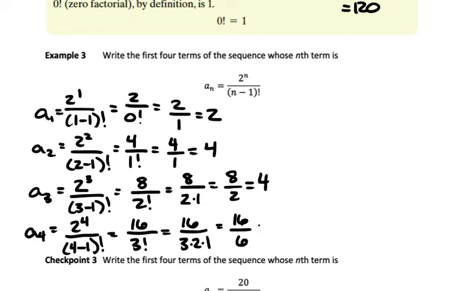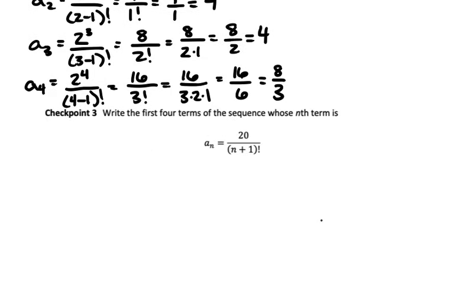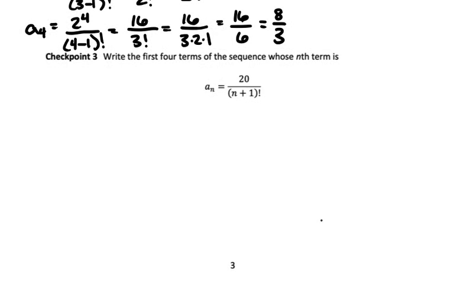And 16 over 6, I can't divide evenly, but I can simplify. And in the homework, you're going to need to simplify any fractions that can be simplified, so this would be 8 over 3. So next you should look at checkpoint number 3. Do this in your notes, check your answers, and then move on with the video.